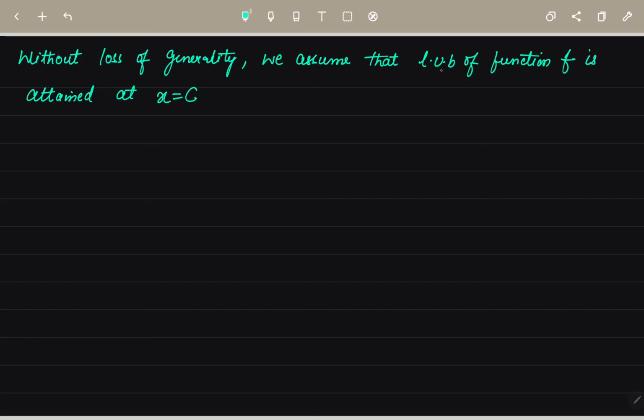So what I am assuming is that this bound of the function f is attained at x is equal to c.